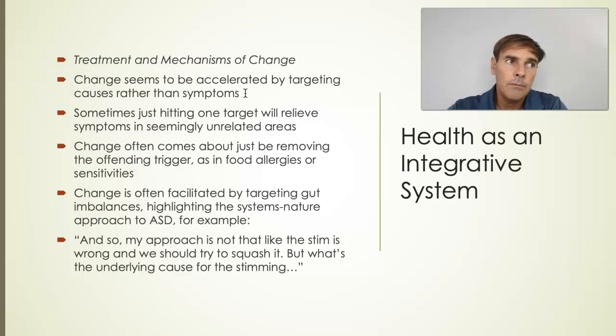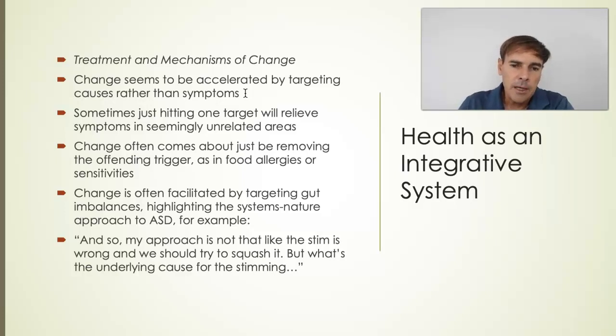If it was indeed a disorder of inflammation, nutrient deficiencies and gut dysbiosis, it might take 3 months to determine it and maybe another 3 months to treat it, and maybe the child is better after 6 months. You saved 9.5 years and a lot of money. So sometimes just hitting one target will relieve symptoms in seemingly unrelated areas. I don't really have time to go into that, but that's consistent with what the literature supports if you look at things from a systems perspective.